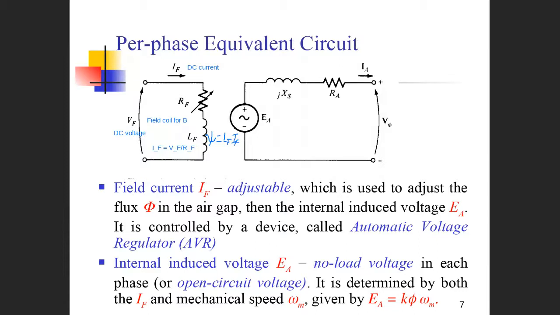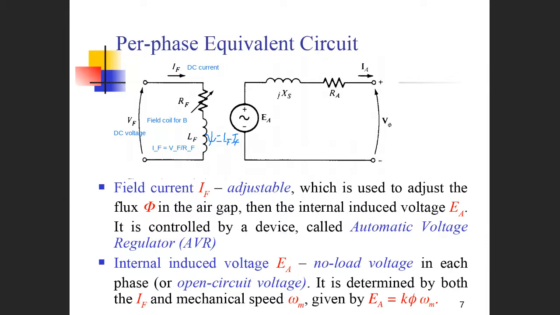So the purpose of the field coils here is to apply the DC voltage and the DC currents to generate a constant flux linkage. The flux linkage depends on the product of the inductance, which we represent with LF, and the field current, which is the DC constant current IF.